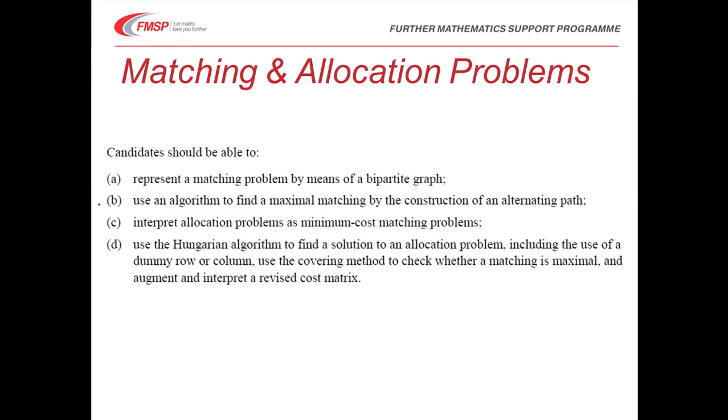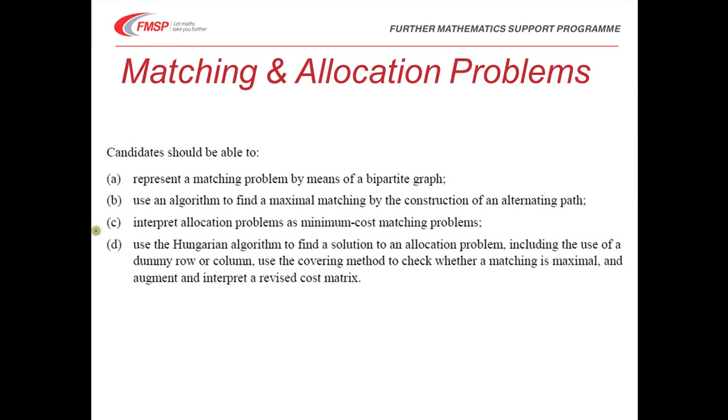So those are our matching bits, and then we've got to interpret allocation problems as minimum cost matching problems, and use the Hungarian algorithm to find a solution to an allocation problem including the use of dummy row or column, use the covering method to check whether a matching is maximal, and augment and interpret a revised cost matrix.